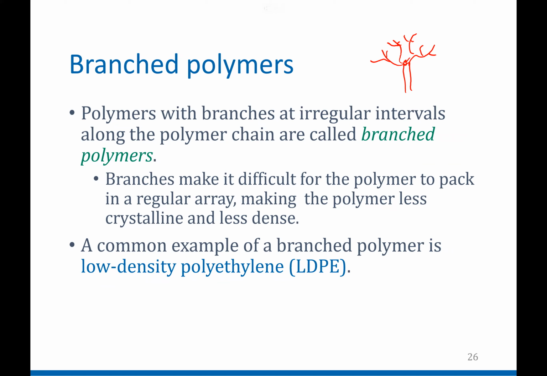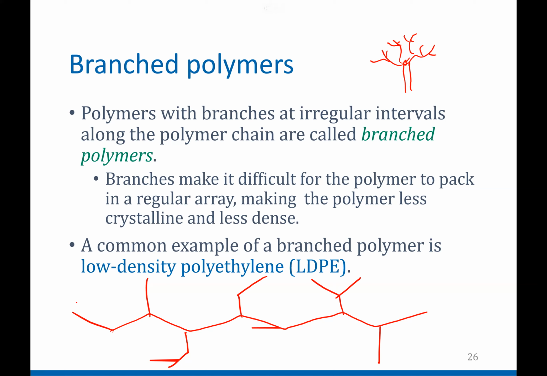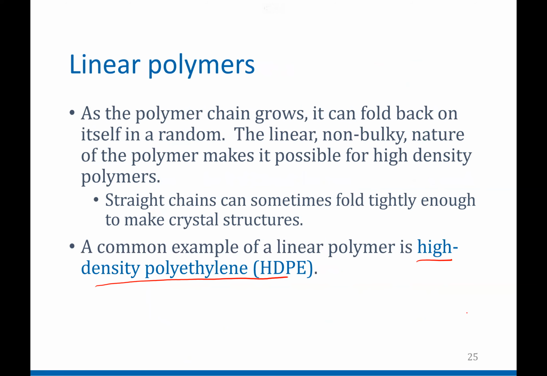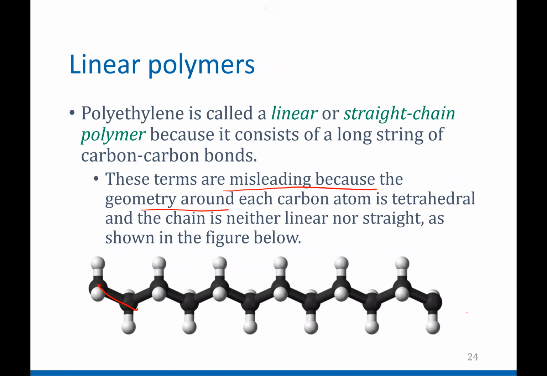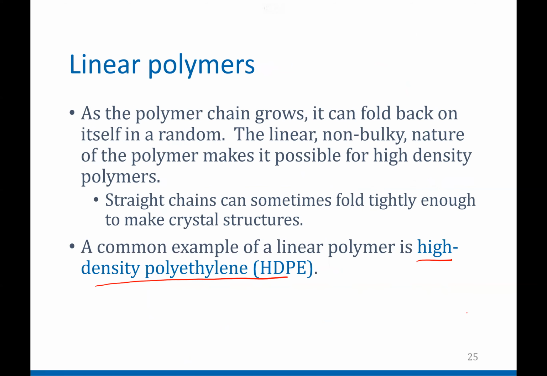So if I had a polymer, I'll very crudely draw this. The minute you have side chains off of the main chain, that's where the name branch comes from. So this isn't as easily packable as a linear polymer. I said linear is like folding over a piece of paper, and you get a very tightly packed structure.